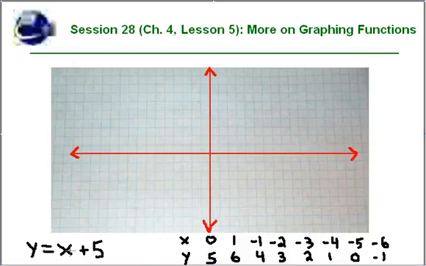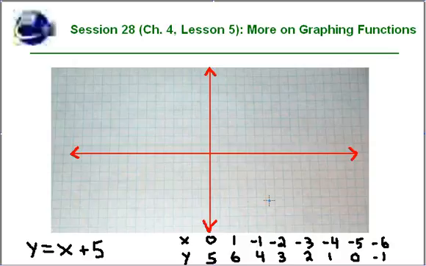When x is minus 3, plug that in. Minus 3 plus 5 is 2. So when x is minus 3, y is 2. And so on, all the way up to minus 6. Once we get an x value of minus 6, we plug that in there. y equals minus 6 plus 5. What is minus 6 plus 5? Well, it's minus 1. So when x is minus 6, y is minus 1.